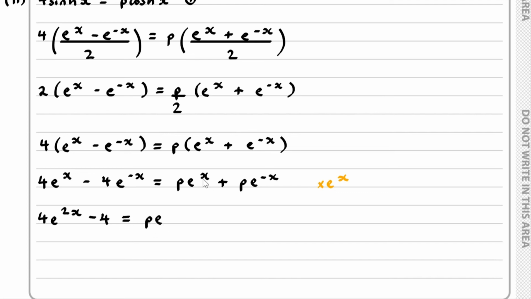And then I've got pe to the x times e to the x, so that's pe to the 2x. And then I've got pe to the negative x times e to the x, which is just p. And now if I take everything over to one side involving an e to the 2x and everything that doesn't involve an e to the 2x on the other side, that means we have 4e to the 2x minus pe to the 2x, and that's equal to 4 plus p.